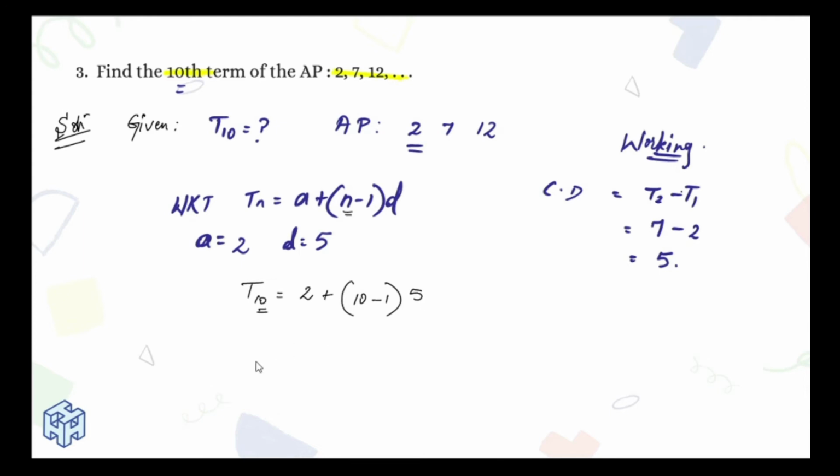D is nothing but 5, which is equal to 2 plus 10 minus 1 is 9 into 5, which is equal to 2 plus 5 nines are 45, which is equal to 45 plus 2 is 47. So the 10th term of the given sequence is 47, right? Highlight the answer, your work is done. The answer for T10 is 47.